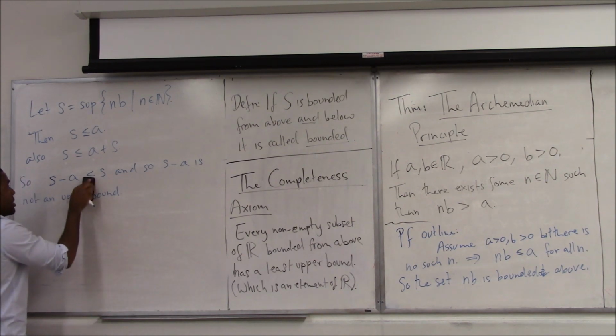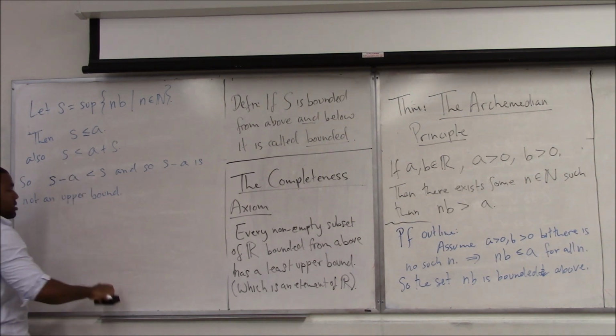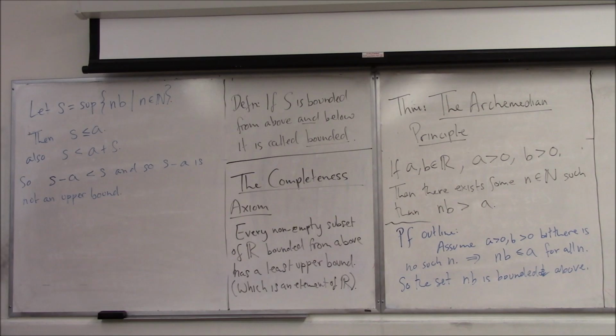I can even put less than here to make it much more obvious. That will clearly be true. So this number is less than S. S is the least upper bound, which means that this expression cannot be an upper bound.